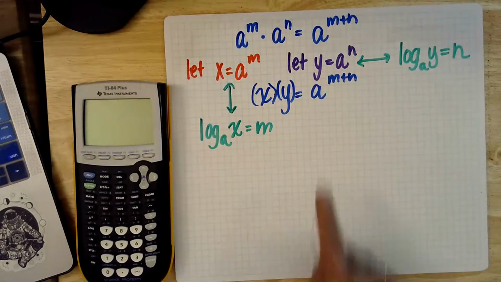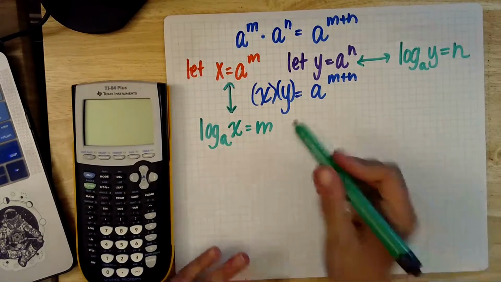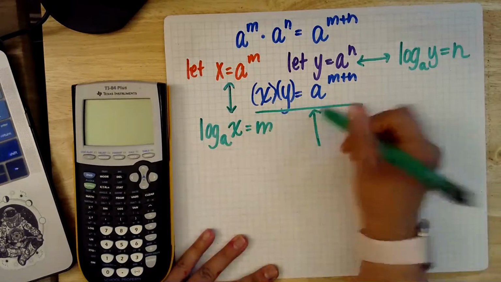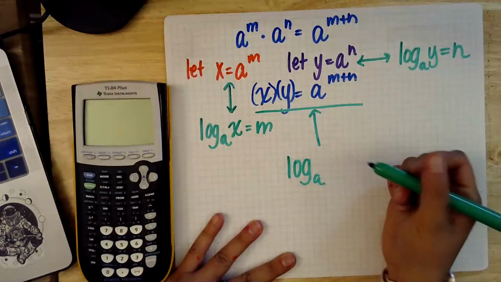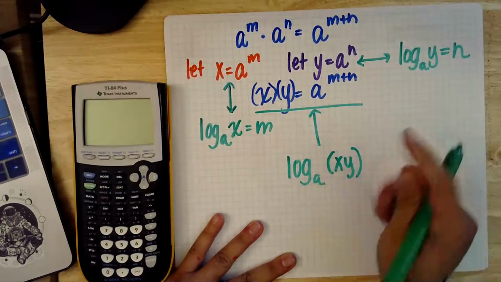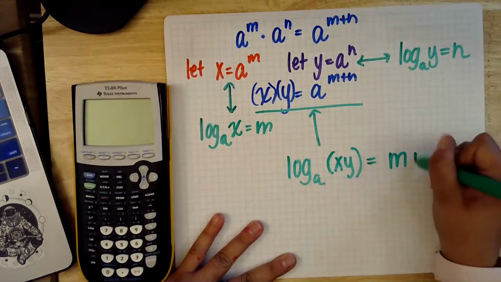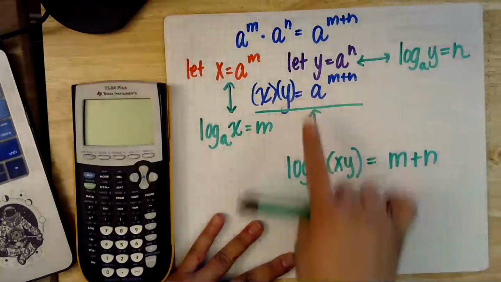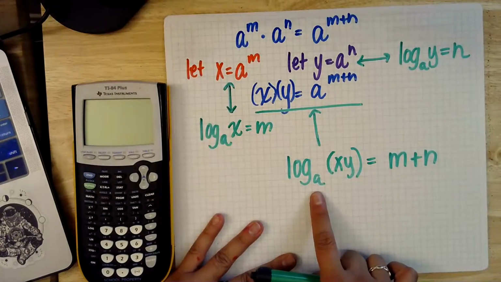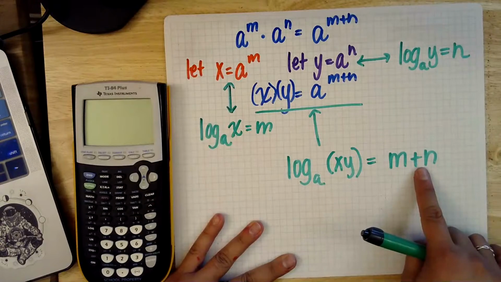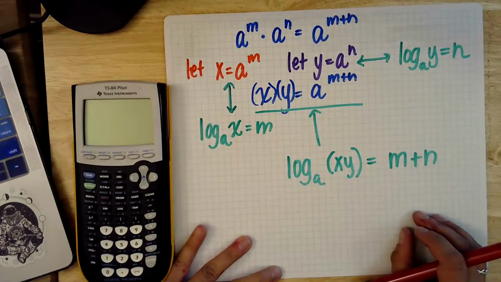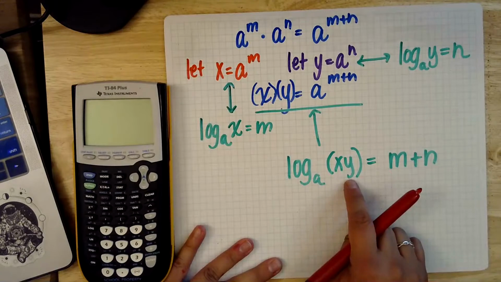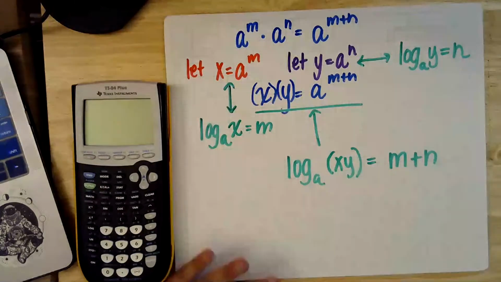Now I'm going to do the same thing to this guy right here. I'm going to say log base a of xy is equal to m plus n. Again, look at this, I'm going to use my counterclockwise rule: a to the m plus n equals xy. And then, finally, instead of writing m and n, I'm going to simplify it some more.